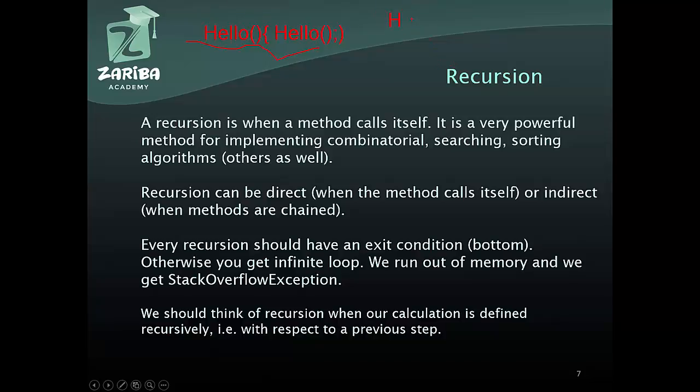So h calls h, which calls itself and calls itself again and again without ending, right? So this is going to execute for as long as we can, or in this case, since there is a memory limit, until we run out of memory.